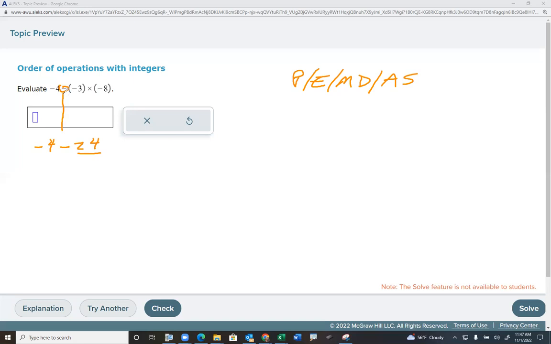So we're subtracting away a positive 24, or just minus 24. All right, let's see, -4 minus 24. How do we do subtraction? With -4 minus 24, they're both kind of a minus. So I just say 4 and 24 is 28, and keep the minus sign. Okay, and there's that answer.